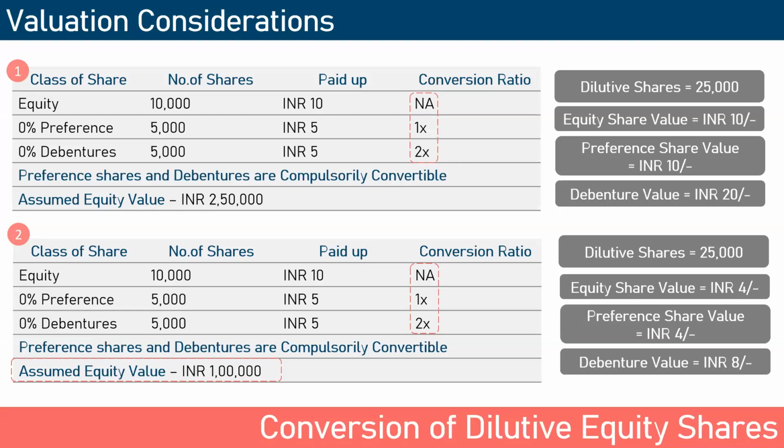Correct. But in this case, only for CCDs, CCD should not be considered as debt, even in the computation of enterprise value, because if we classify this as an external debt, then it will be very difficult to value it as equity. We will be contradicting ourselves. So the simpler way would be to classify the debenture as equity all throughout.